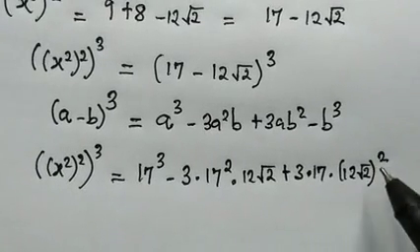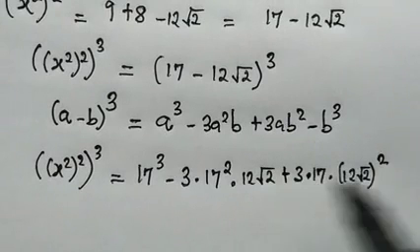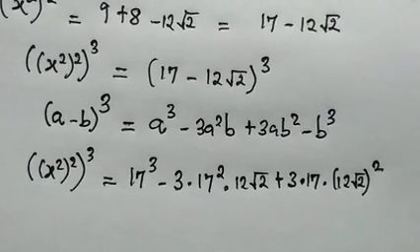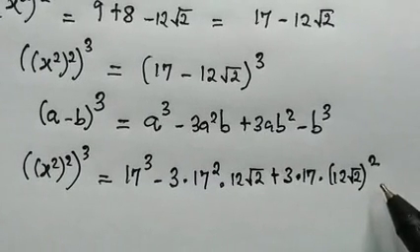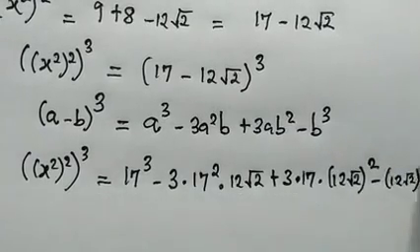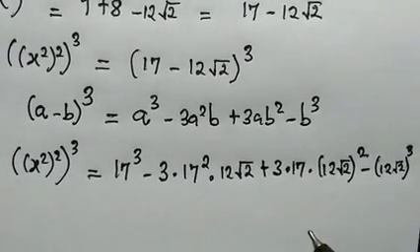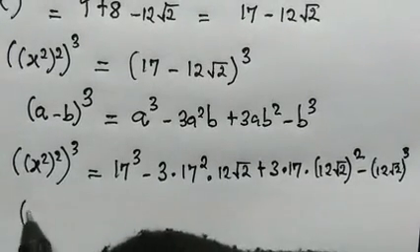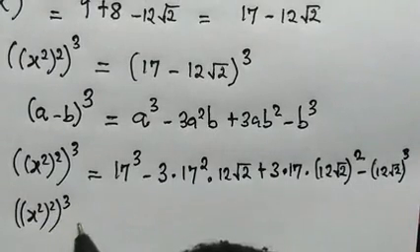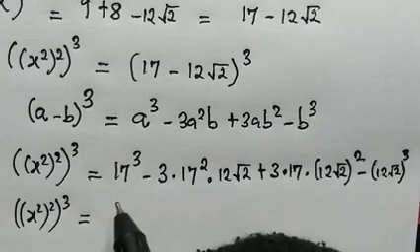So yes, 3ab squared. Then we have here minus 12 root 2 cubed, right? So here we have x squared squared cubed. So this will be equal to 17 cubed.